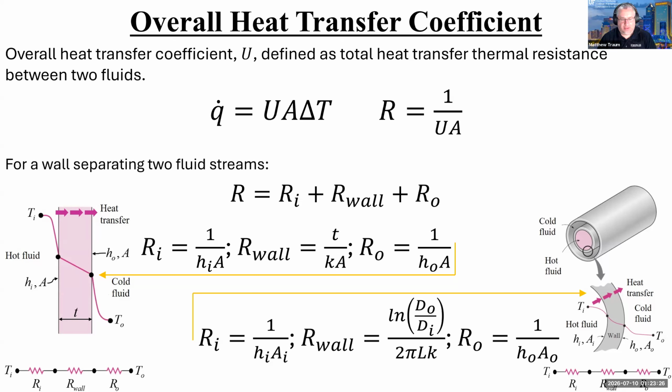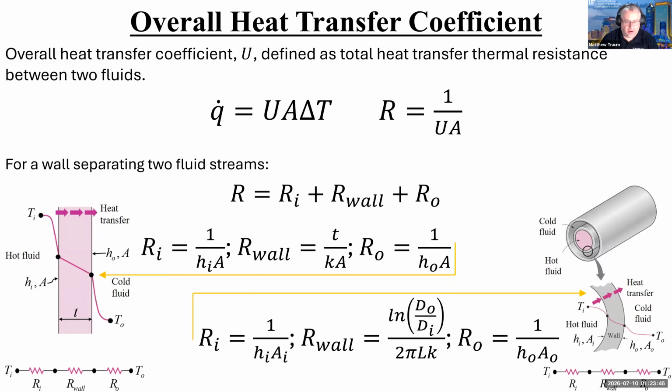And then, of course, we have the thermal resistivity of the wall itself, so just the thickness of the wall divided by kA. k is the thermal conductivity, and A is just the total area across which heat is transferred.